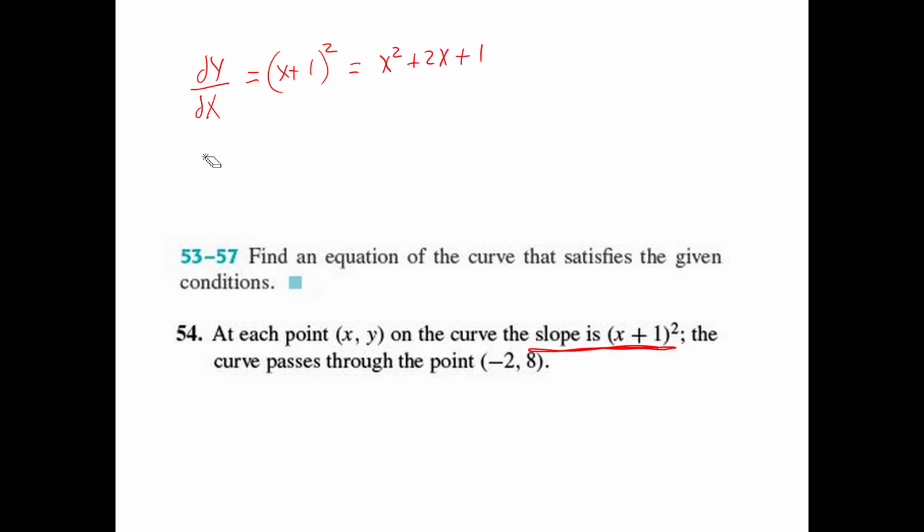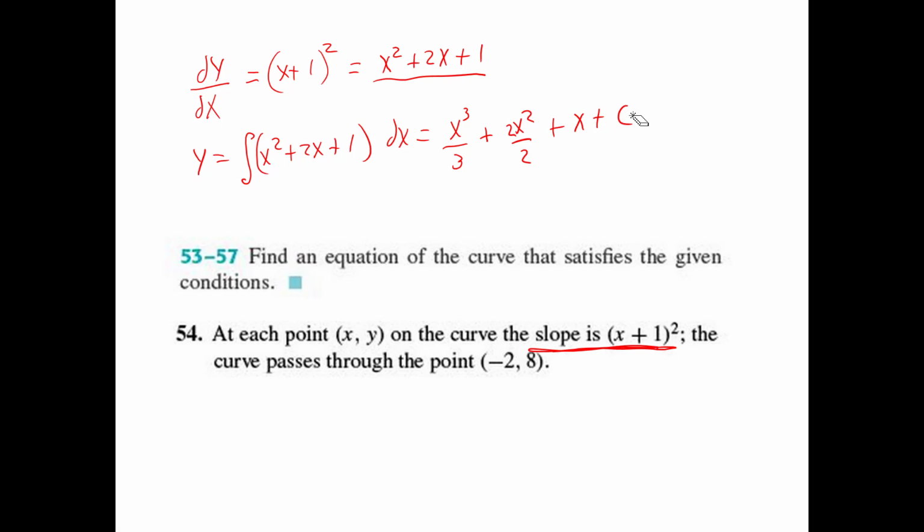And so then if we just work backwards, what did I take the derivative of to get this? So y is the antiderivative of x squared plus 2x plus 1 dx. And again, these are just power functions, so you just end up with x cubed over 3 plus x squared over 2 times 2 plus x plus c.